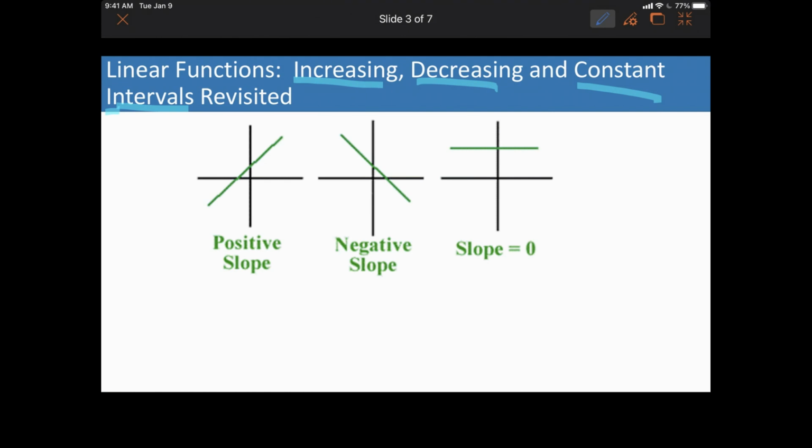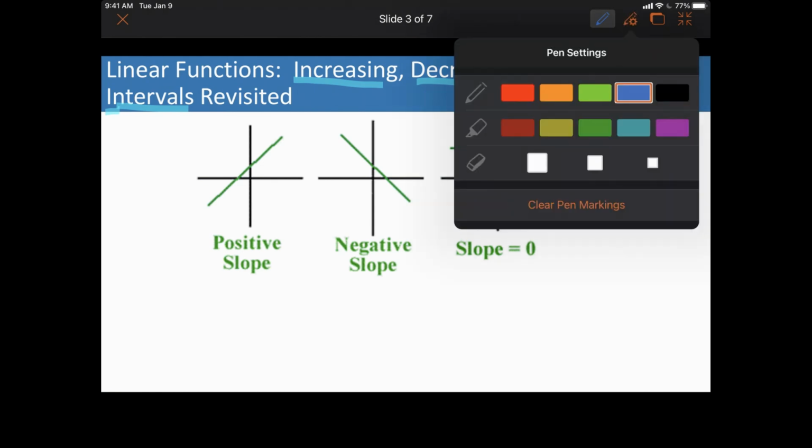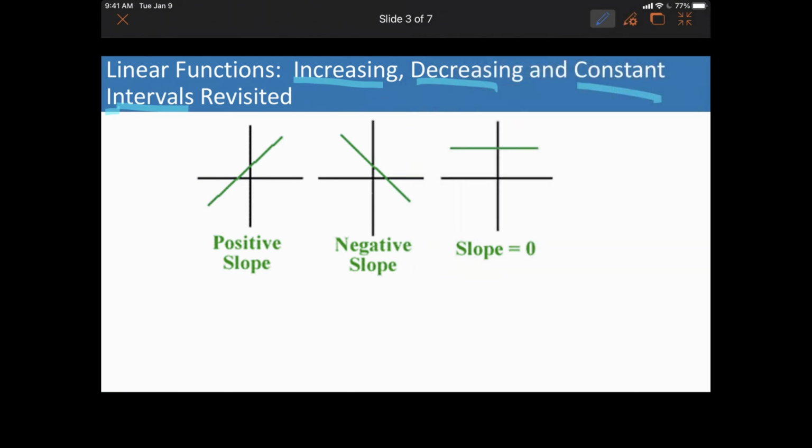So if we're looking for positive slope, is that going to be increasing, decreasing, or constant? Well, remember how we talked about going up from left to right? It's increasing. So when we're talking about linear functions, they're really the same thing. We're talking about positive slope and increasing interval, which would be, for this, our increasing interval in interval notation.